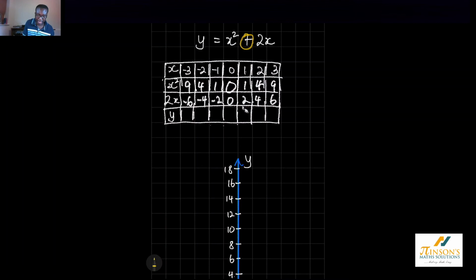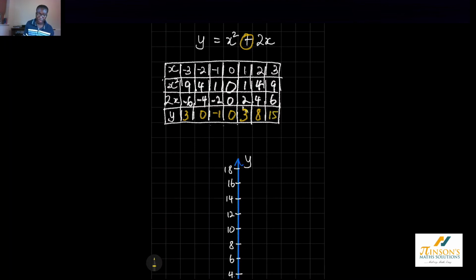So 9 add minus 6 is 3. 4 add minus 4 is 0. 1 add minus 2 is minus 1. 0 add 0 is 0. We've got 1 add 2 making 3. 4 add 4 is 8. And then we've got 9 add 6 is 15.